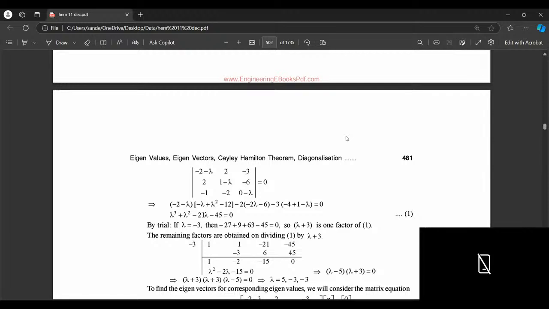After finding s1, s2 and the determinant, you substitute values and you will get the equation lambda cube plus lambda square minus 21 lambda minus 45 equal to 0.